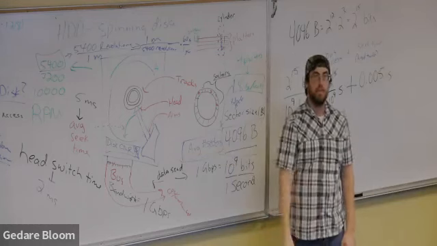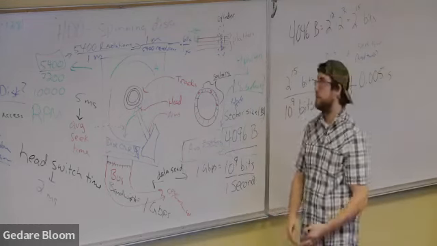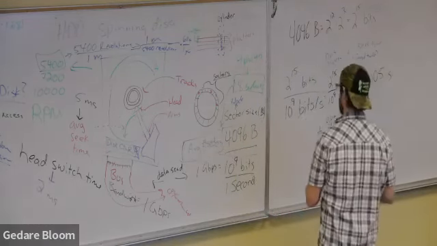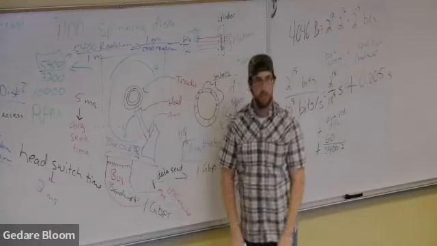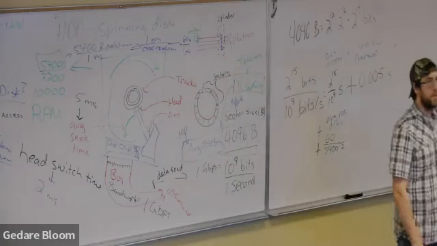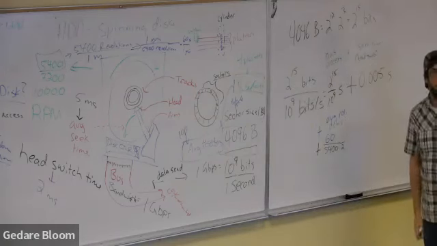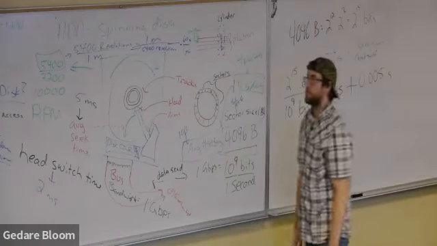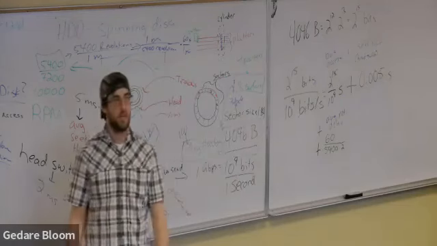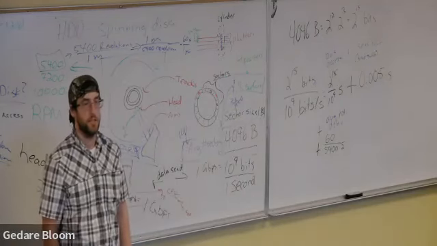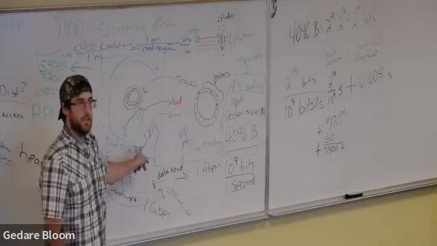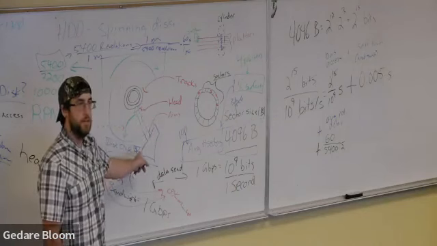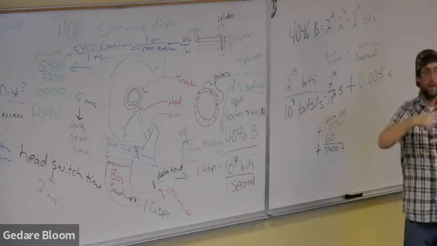So let's say there are on average 100 sectors per track. Then the average transfer time for a sector to transfer between the disk and the disk controller's memory is one rotation divided by the average number of sectors.